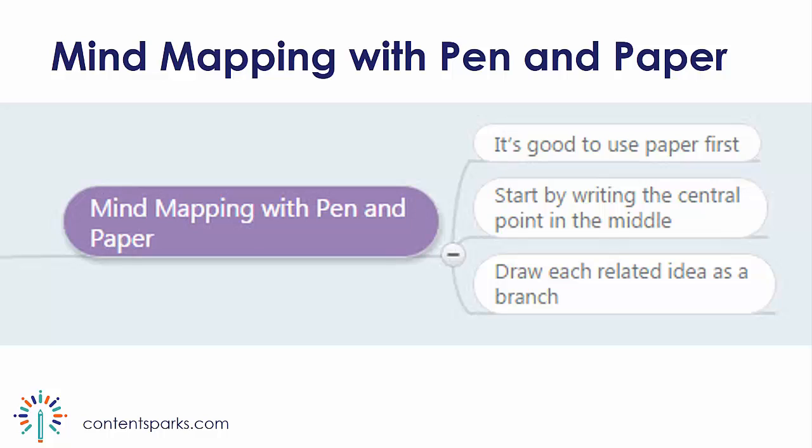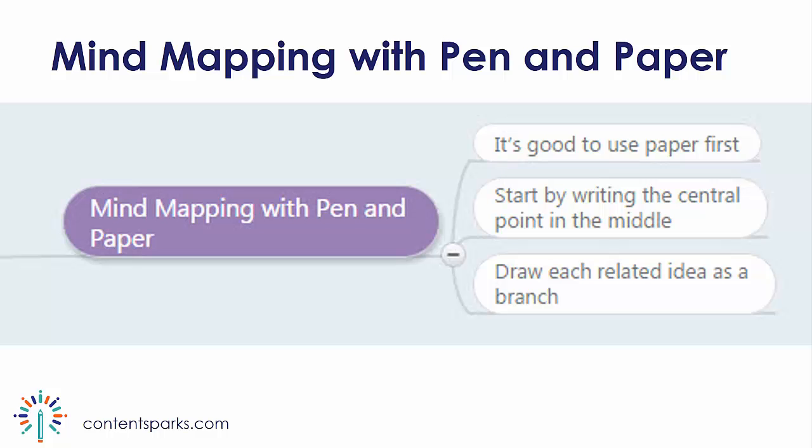Then draw each related idea as a branch that comes out from the center, kind of like I'm showing on these slides. Write the idea and circle it, and then draw a line connecting it to the main idea. Take each of your related ideas and then jot down ideas related to them in the same way. So keep working outward like this until you feel you've written everything down, at least for now.